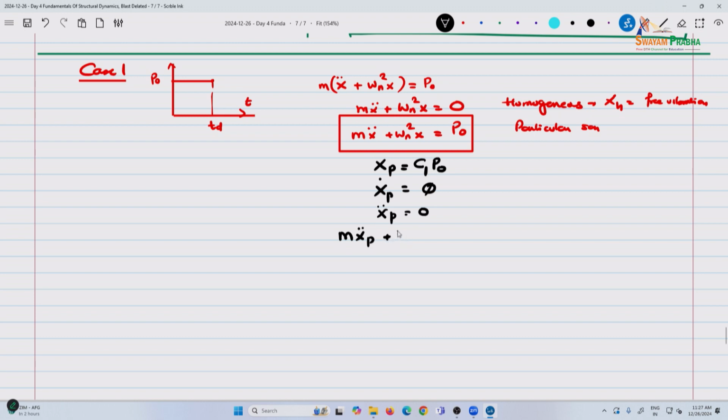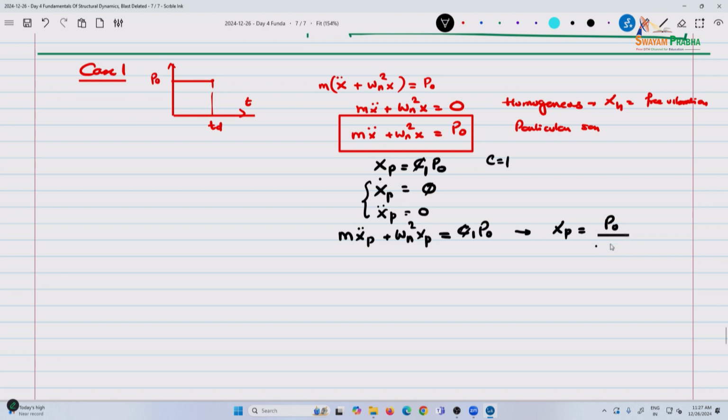So what you get here is m x double dot p plus omega n square x p is equal to C1 p naught, or we can just say C1 equal to 1, because let's just say p naught is the absolute value. Applying these conditions and expanding it out, you get xp equal to p naught by m omega n square.